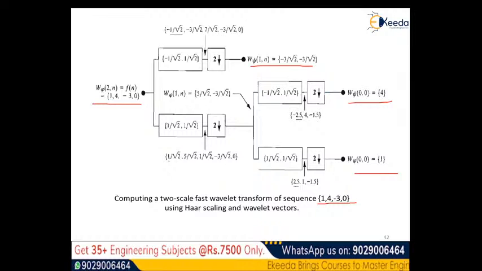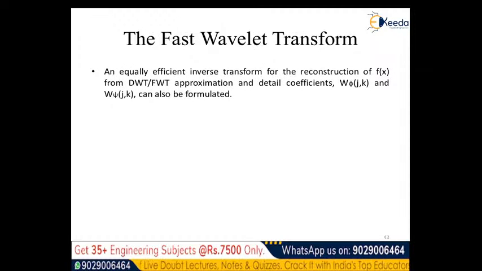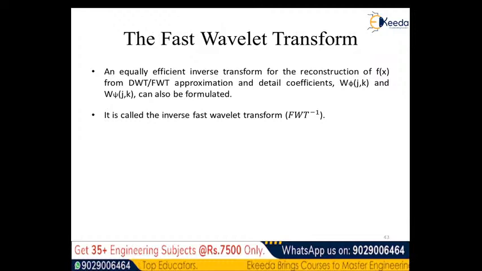Here we see an equally efficient inverse transformation also possible for the reconstruction of the original samples of the signal f(x), and that is of course with the help of the DWT, or the efficient implementation FWT, that is approximation and the detail coefficients here, or you can say the scaling and the wavelet coefficients, correspondingly denoted by W_φ and W_ψ in the bracket j, k. They can also be formulated here.